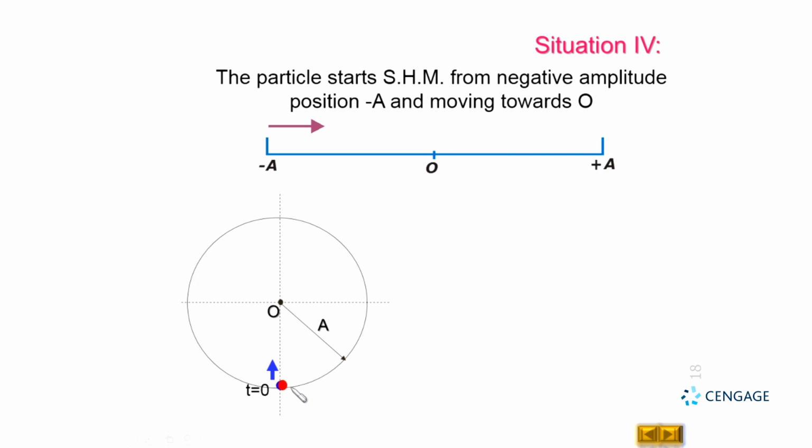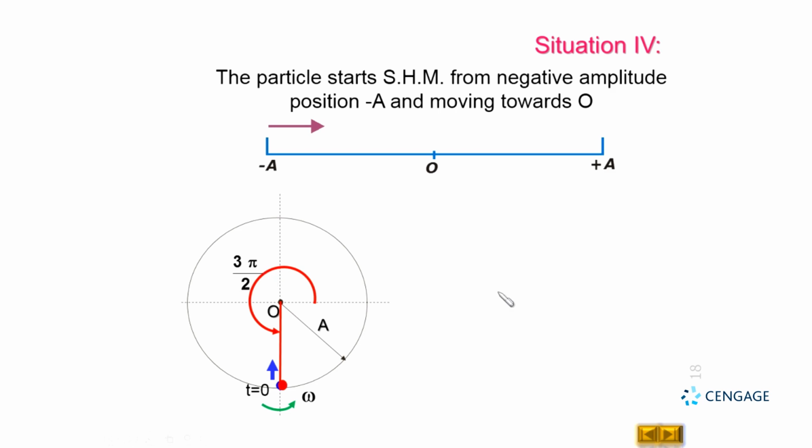And for finding the phase, we need to find the angular position of this red dot with respect to the positive x direction. So for finding the angular position, we need to join this red dot to the center of the circle, and this is the initial phase, that is 3 pi by 2.